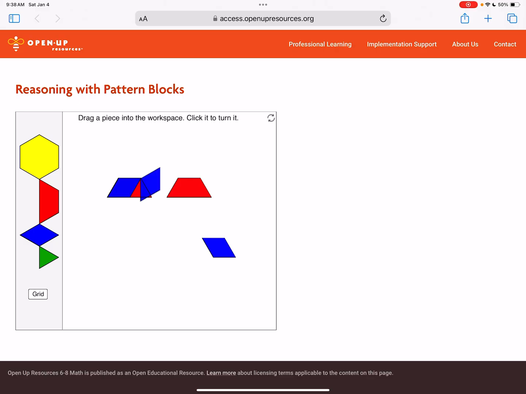So what if we turn this one over and put that here. Oh, shoot. And then this one goes here. So in fact, 3 rhombuses do make 2 trapezoids.